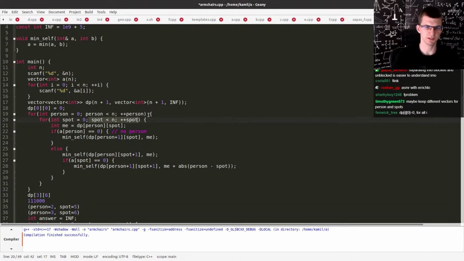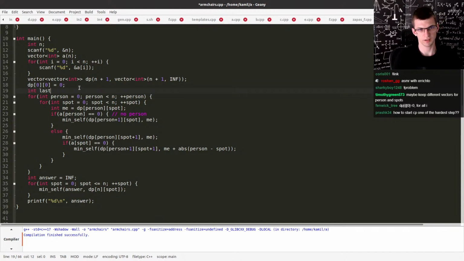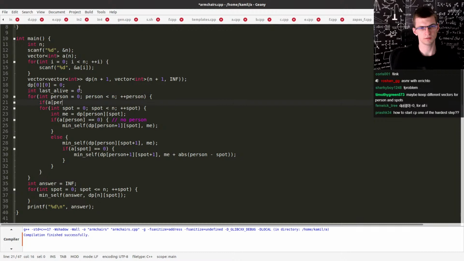Because spot is smaller than n, we don't really consider that to be allowed, and we don't move from that forward. So here I should say that I should end just after the last alive person. Last alive is 0.